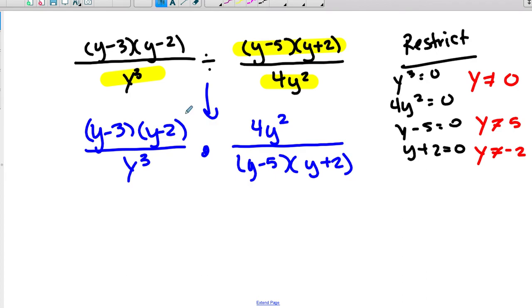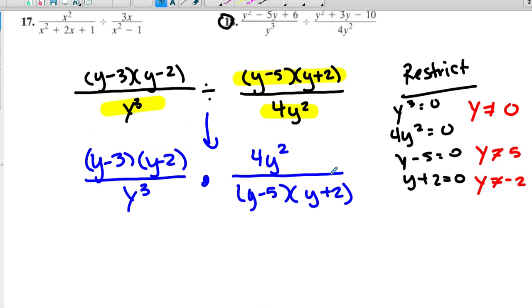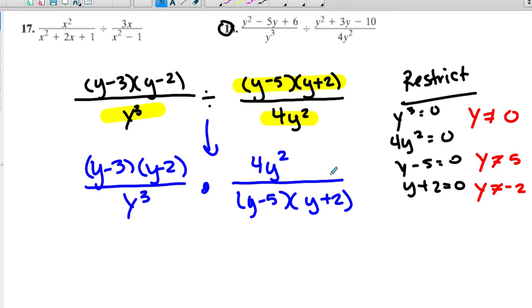Okay, so if we have common expressions from the numerator to denominator, we are going to cancel them out. So there's a y minus 3, y minus 2, y minus 5, y plus 2, and I'm going to double check and make sure I didn't make a mistake, and I did. All right, and that's what happens, because like something should cancel, right?